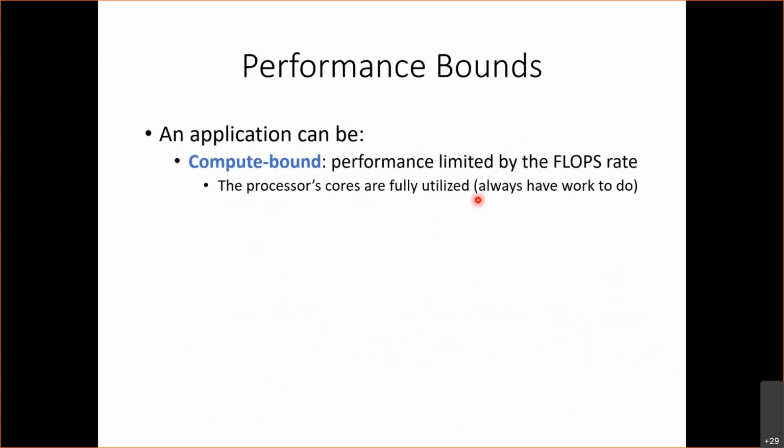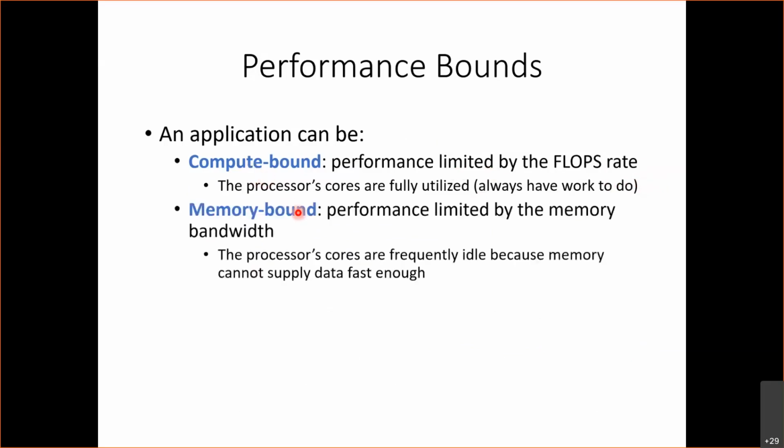So what's preventing an application from getting more performance is that I don't have more cores to do more work, or the processor cores cannot work any faster than this. In this case, an application would be compute bound. An application is memory bound when the performance of that application is limited by the memory bandwidth.